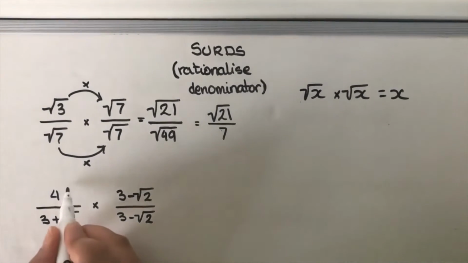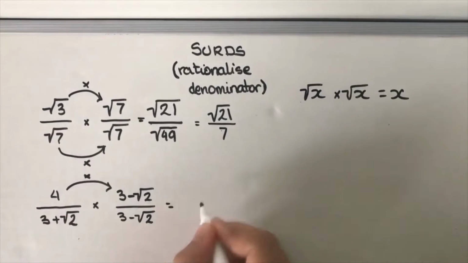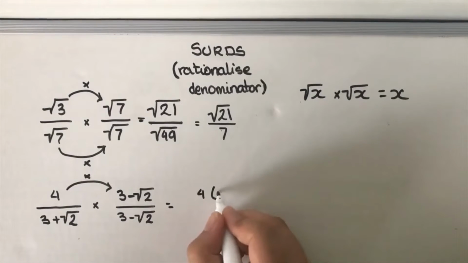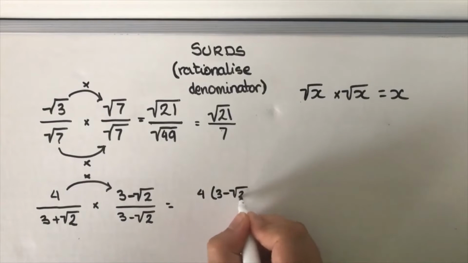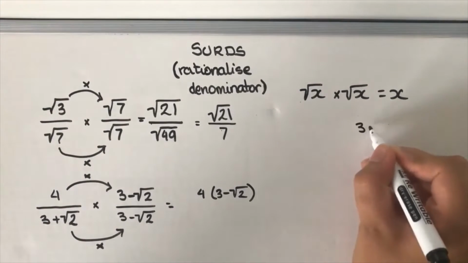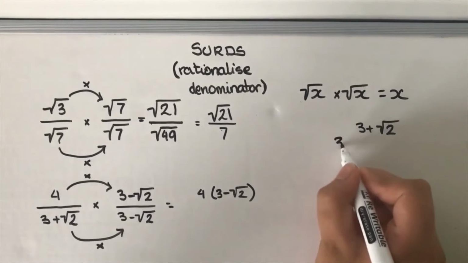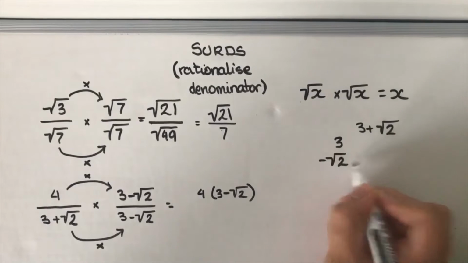We begin, like before, multiplying the top. This gives us 4, and in brackets, 3 minus root 2. We then come here. Now, you may do the grid method, as I like to call it, or FOIL. I'm going to do the grid method, which is what I normally use. Here we have 3 plus root 2, and we multiply that with 3 minus root 2.